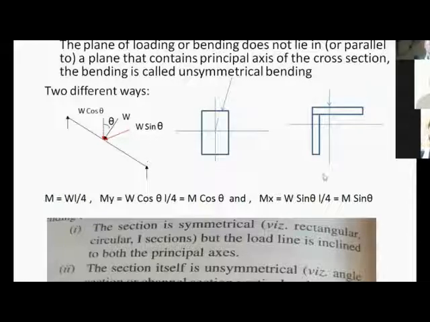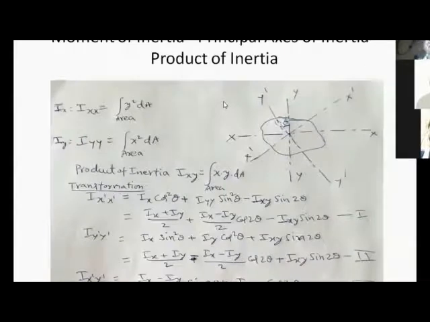Now, before going into further details about unsymmetrical bending, let us look at what is moment of inertia, principal axis of inertia, and product of inertia. You all know moment of inertia by this time. It is the second moment of area about an axis, right?